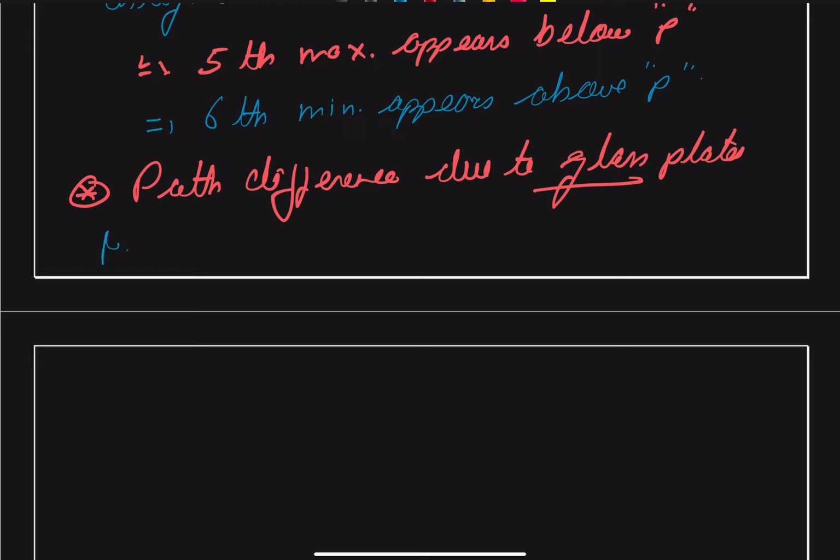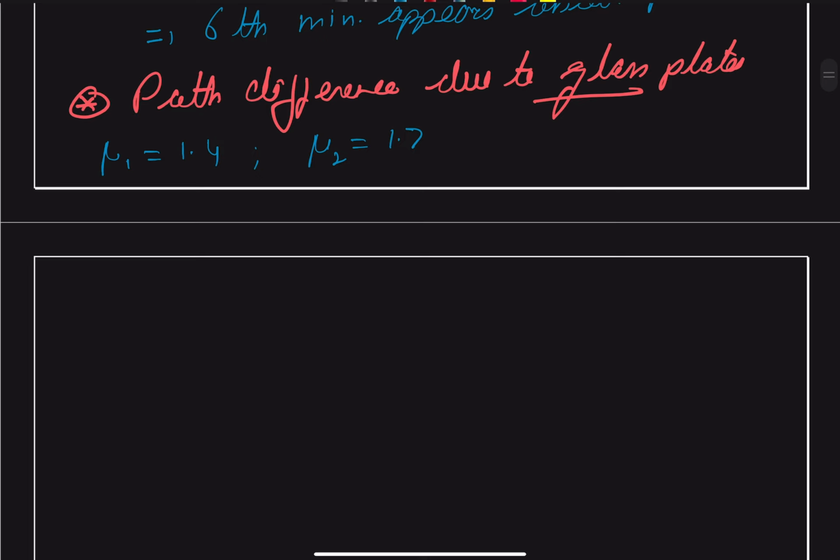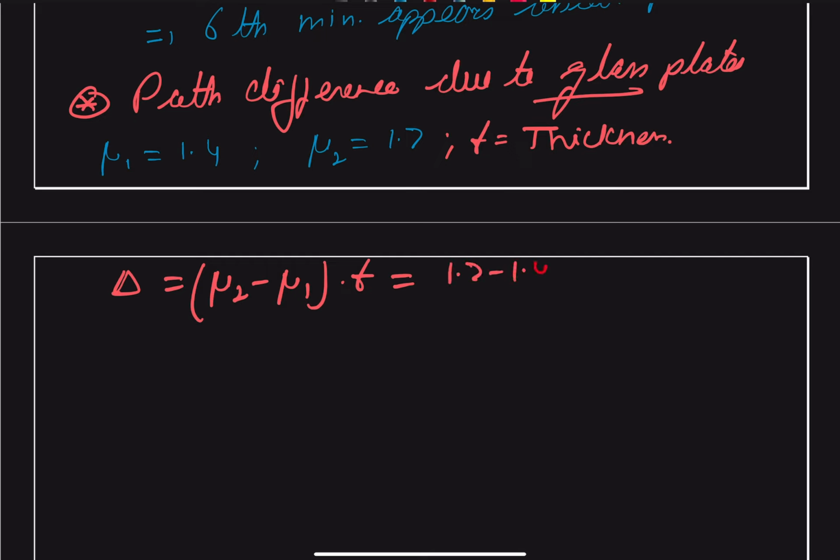Let us suppose mu1 is 1.4 and mu2 is 1.7. The formula for the path difference is delta equals mu2 minus mu1 multiplied by t, where t is the thickness, which is the same for both the plates. So we substitute: 1.7 minus 1.4 multiplied by t, and this comes as 0.3t.